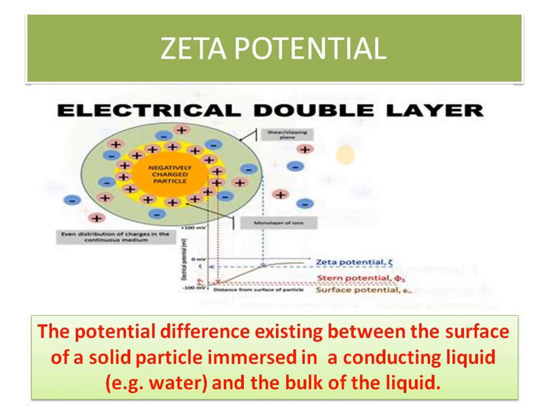When the dispersed phase and dispersion medium are in liquid state and charge is provided, there will be a difference in potential between the two layers, the one immersed in the conducting liquid and the bulk liquid. That is called the zeta potential. Normally they don't ask this; I have seen it in one of the assignments earlier, so that's fine.